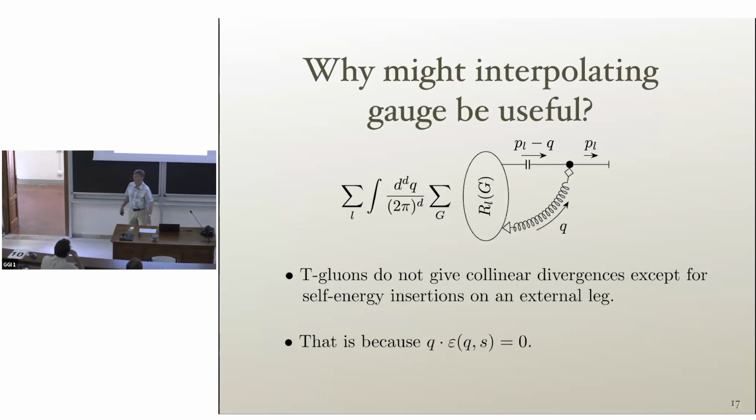Okay. So now, why is that maybe useful? The T gluons do not give any collinear singularities. That's the basic reason why it's useful. And that's because if Q gets to be parallel to P L, then the current here dotted into the numerator epsilons is 0, because this current is proportional to P L, but that's proportional to Q, and Q dot epsilon is 0.